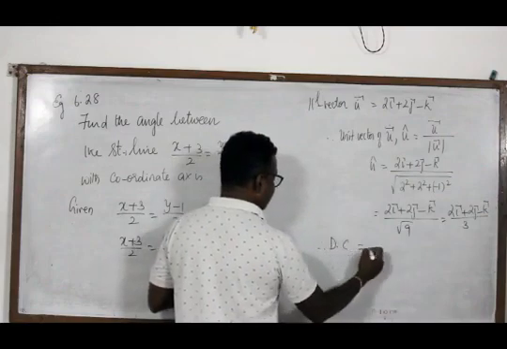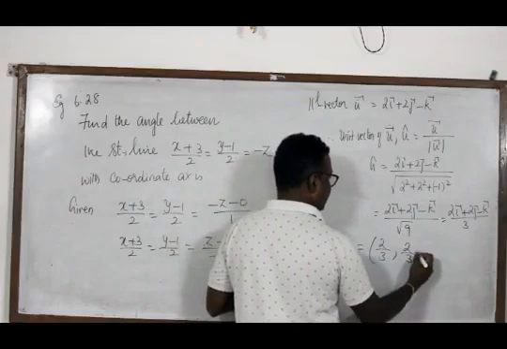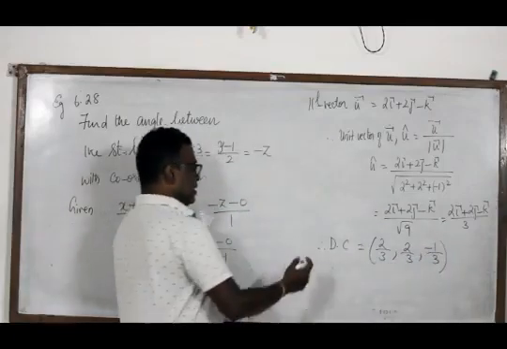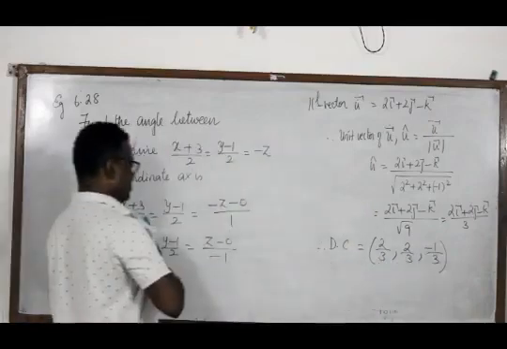Therefore, can we say the direction cosines are 2 by 3, comma 2 by 3, comma minus 1 by 3. That means this is cos alpha, this is cos beta and cos gamma.